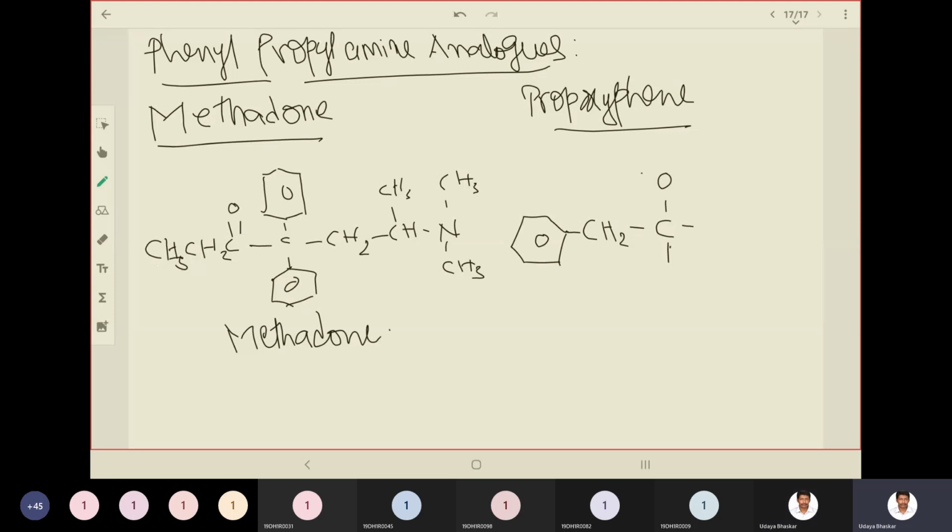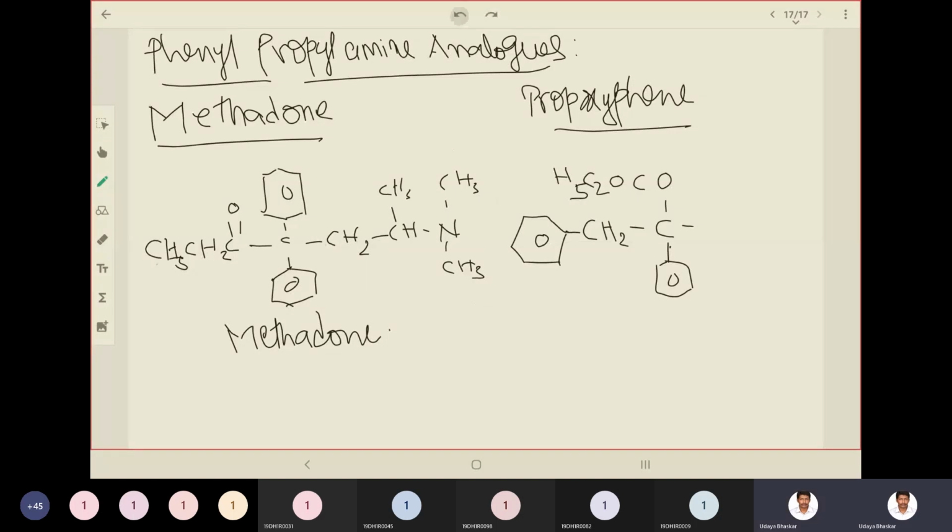Otherwise, without getting confused, it can be written linearly as OCO C2H5. Central carbon, one of the substituents is this, the other one is the phenyl ring, and you have the same substituent, this one, as it is.